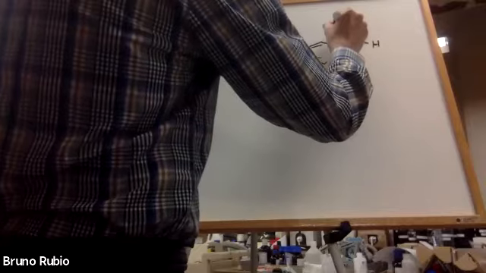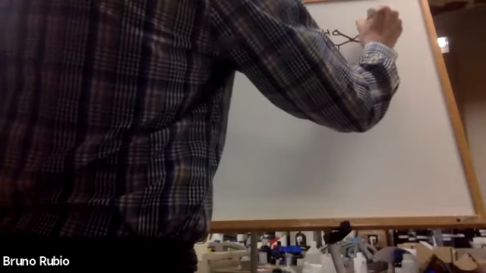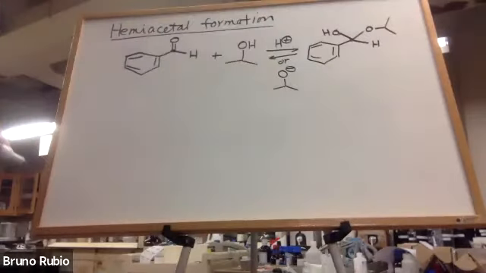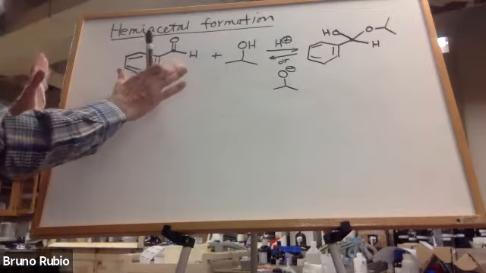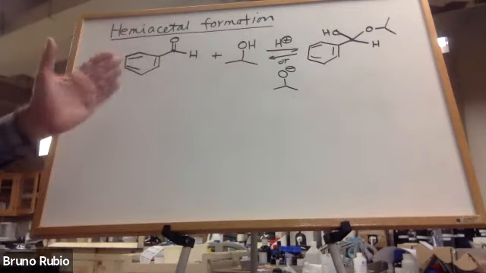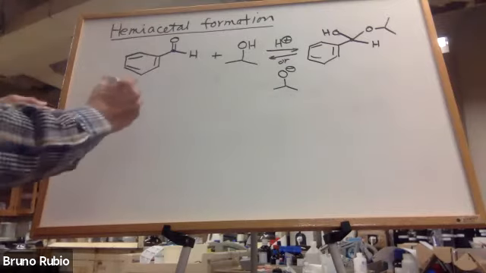It has an OH on it, and it has the alcohol minus the proton that the alcohol came in with. Okay, so that would be the hemiacetal. This is the product of an aldehyde turning into a hemiacetal. The previous problem was a ketone turning into a hemiacetal. Let's just try one more.